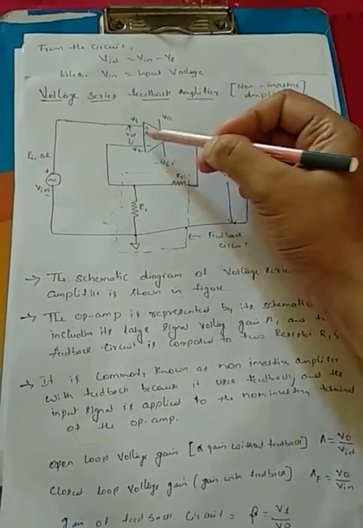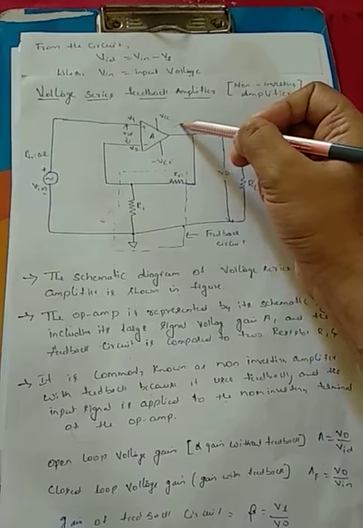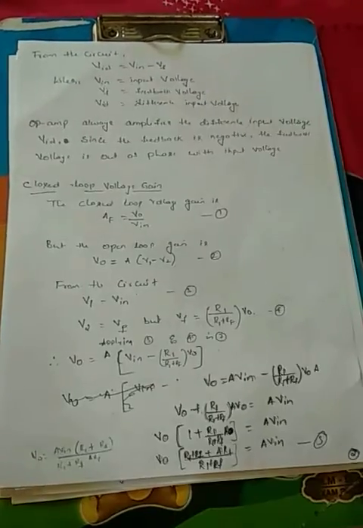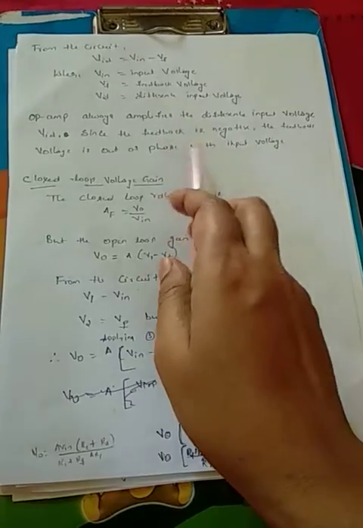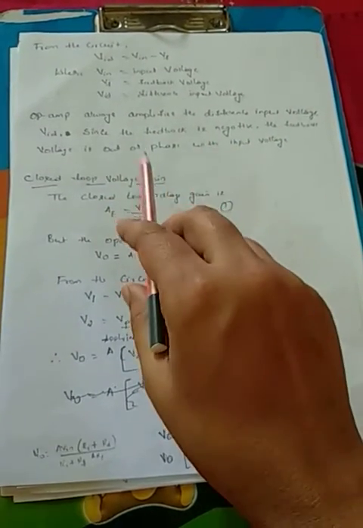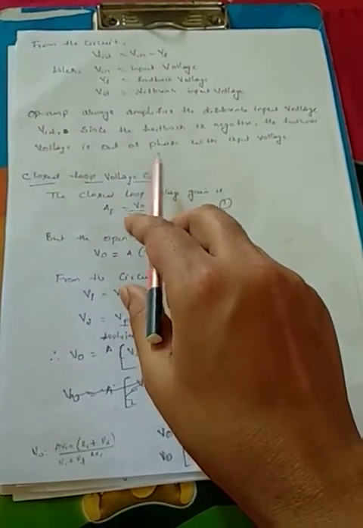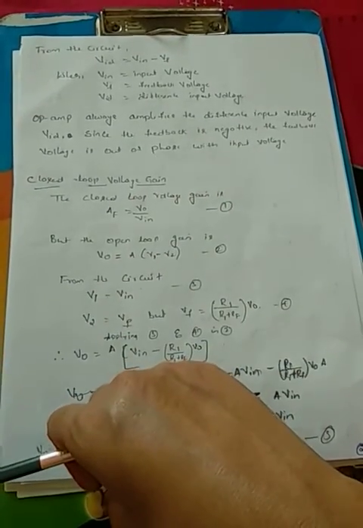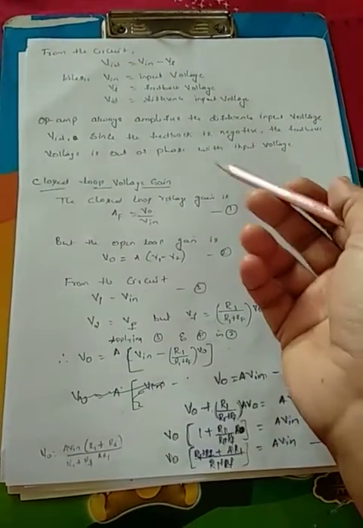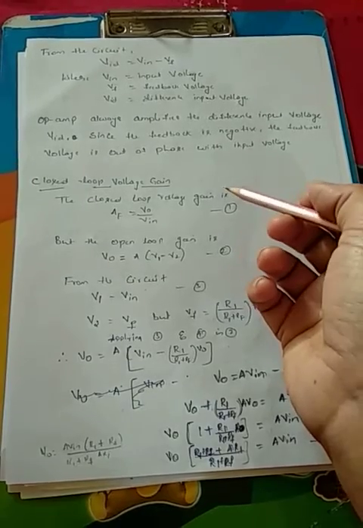Now since the feedback is negative, the feedback voltage is out of phase with the input voltage. We are applying a negative feedback, therefore the feedback voltage is inverting to the input voltage.